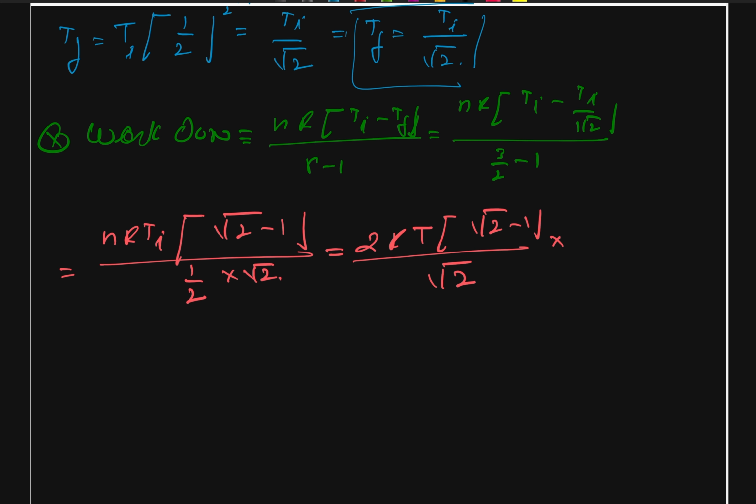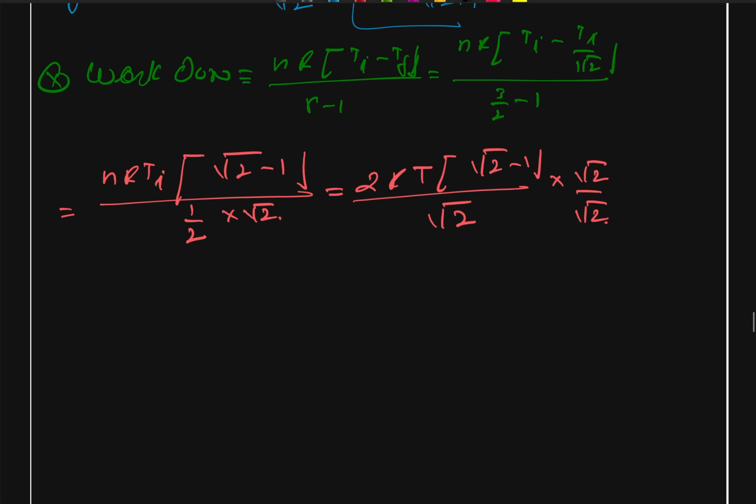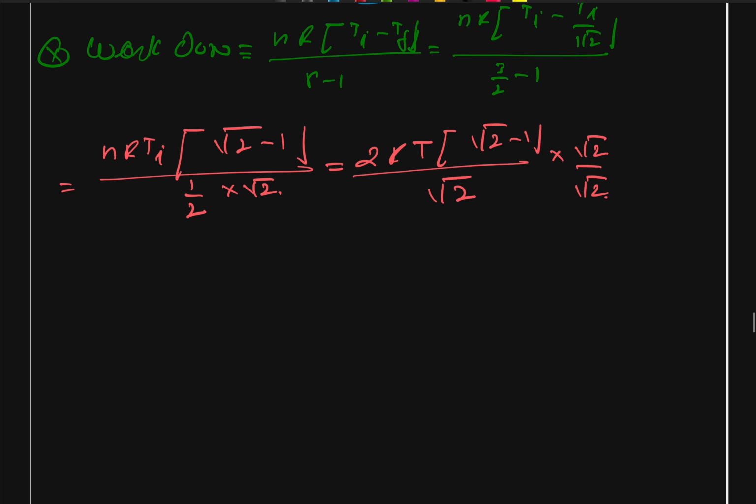So we can just rationalize it, and this gives us 2RT upon 2 now, and inside we multiply it, we get 2 minus square root of 2.